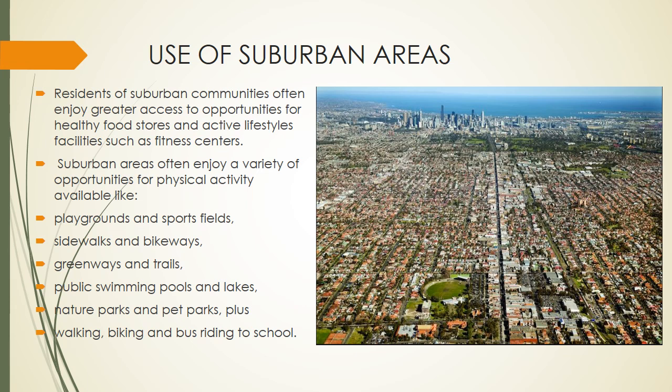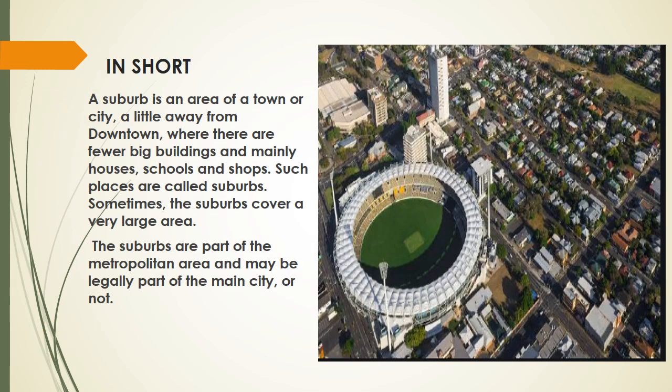Suburban areas enjoy a variety of opportunities for physical activities like playgrounds, sports fields, sidewalks, bikeways, greenways, trails, public swimming pools and lakes, nature parks and pet parks, plus walking, biking, and bus riding to school. All these things are mostly enjoyed in suburban areas because of a lot of space, and because it is far away from the city. Because of that, it is very conveniently planned and prepared.